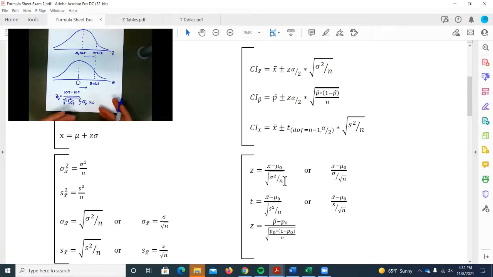So the lowest they can be is 0. So the sign of my test statistic is just going to be: if that sample mean value I found is above the assumed true mean, I'm going to have a positive test statistic. If that sample mean value is below the assumed true mean, it's going to be negative. But from here, it's just a matter of getting this entered into our calculator. Any questions on this?